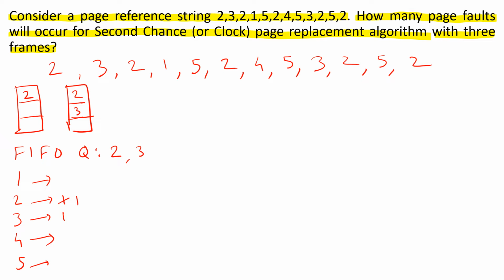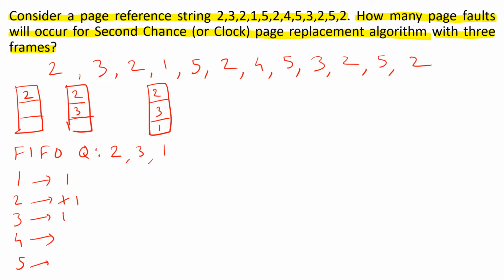So the reference bit for 2 is 1 again. Then we need page number 1. Same story, there is space, so we bring that page into main memory, that page is inserted into the queue, and the reference bit for that page is made 1.